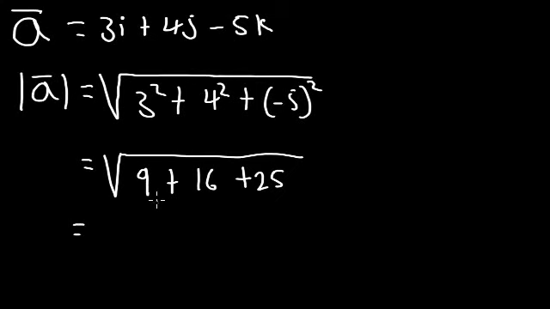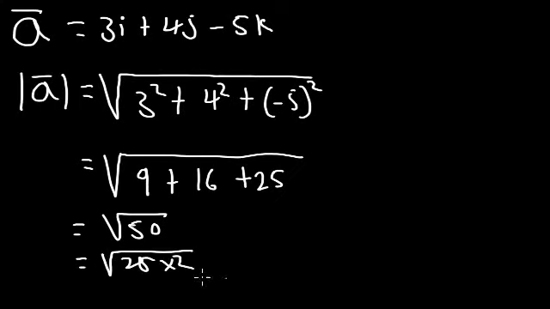So adding this together, 9 plus 16 is 25, and 25 plus 25 is 50. So finally, this will become the root of 50. Since the surd can be simplified, we can turn it to the root of 25 times 2, which will eventually be 5 root 2. And that will be our final answer.